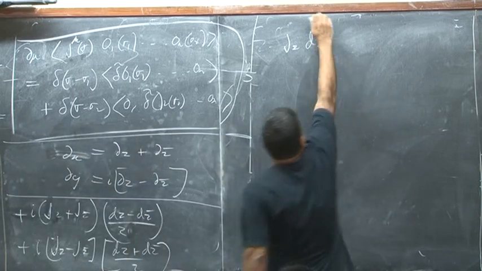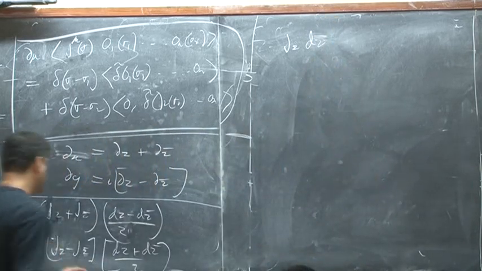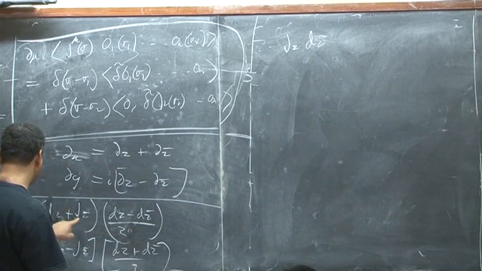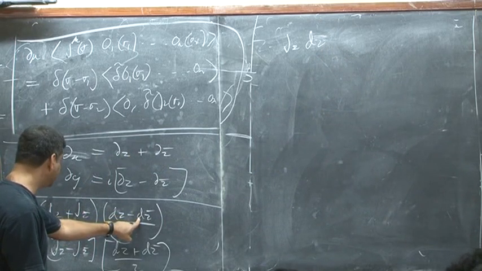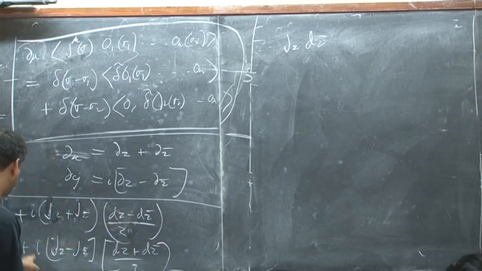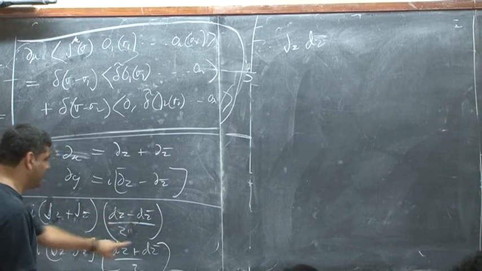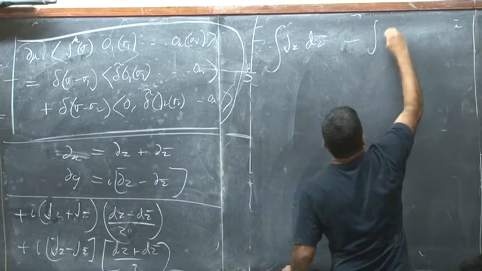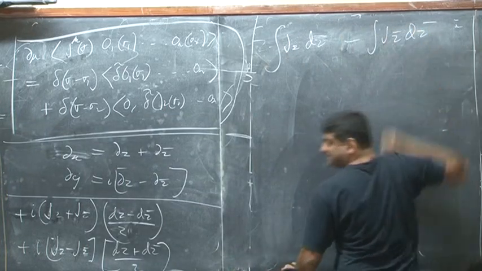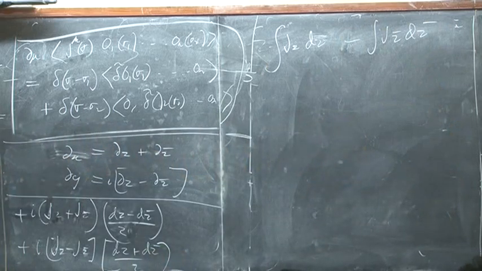Okay, so we get Jz dz, and Jz bar dz bar is i Jz bar dz bar by 2 minus i Jz bar dz bar by 2, minus Jz bar dz bar. Overall, i by 2.